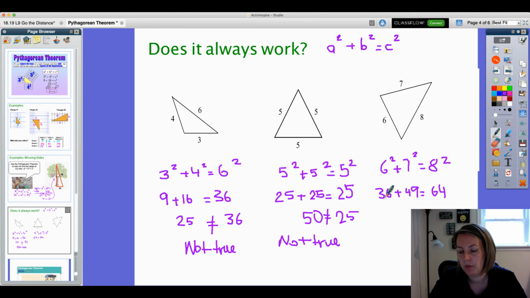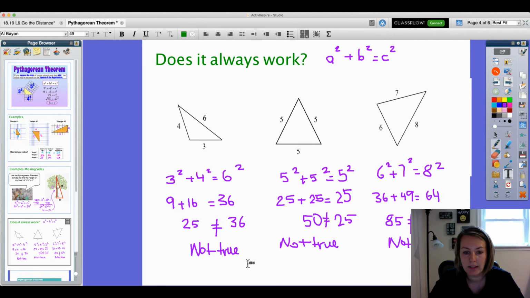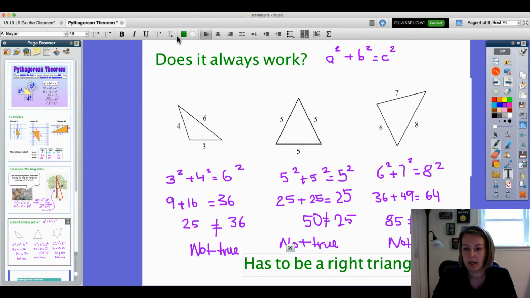And that would give me 36 plus 49 equals 85, and 85 does not equal 64. And you know that that's not true either. So that tells me that if I want to use the Pythagorean theorem, there has to be a right triangle. Okay, so that's really, really important. It has to be a right triangle.